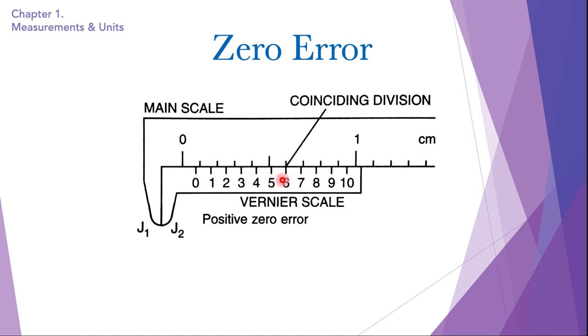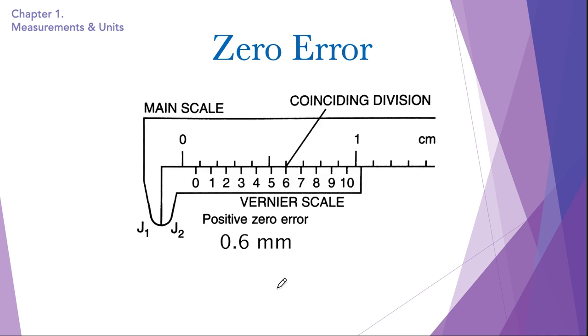Now we're going to read the vernier scale from this 0, from the left side, 1, 2, 3, 4, 5, because it is a positive zero error. So 1, 2, 3, 4, 5, 6. 0.6 millimeter is the positive zero error this vernier calipers has.